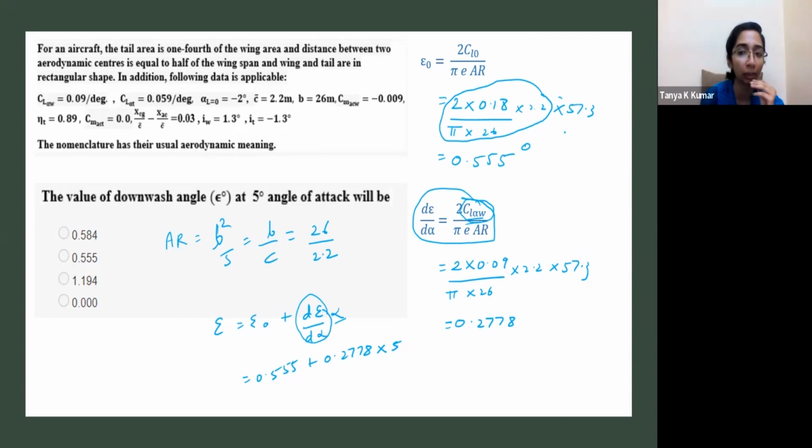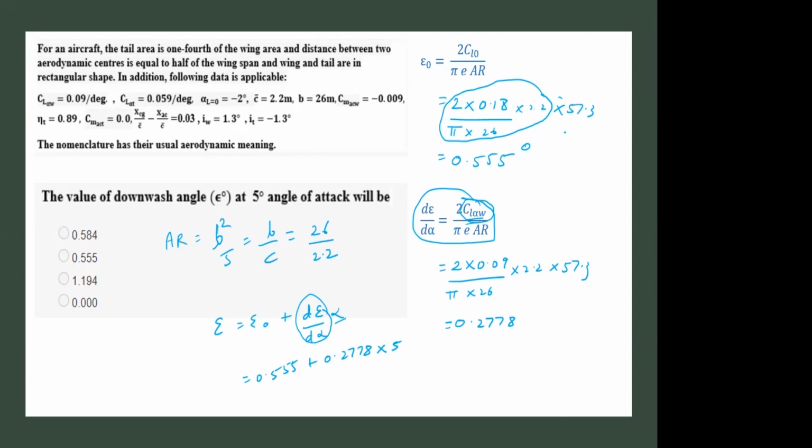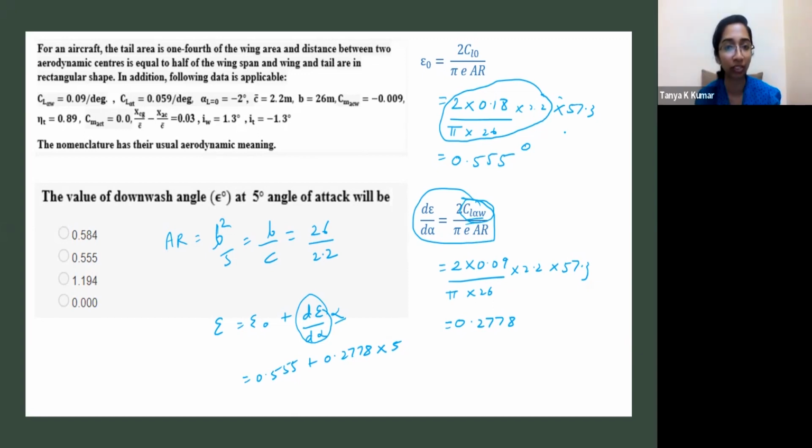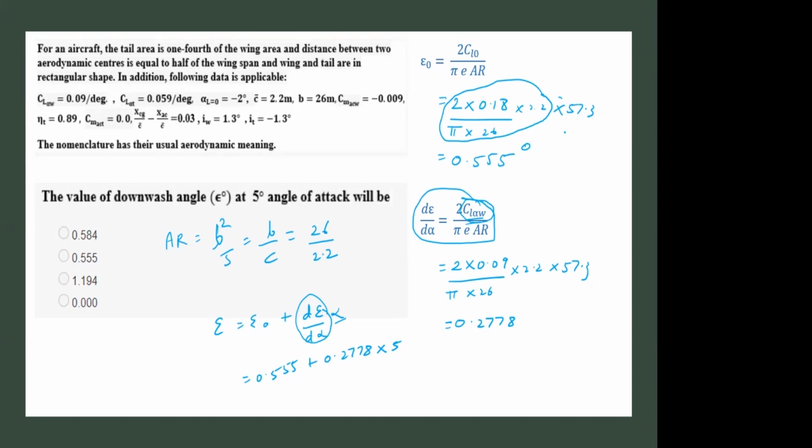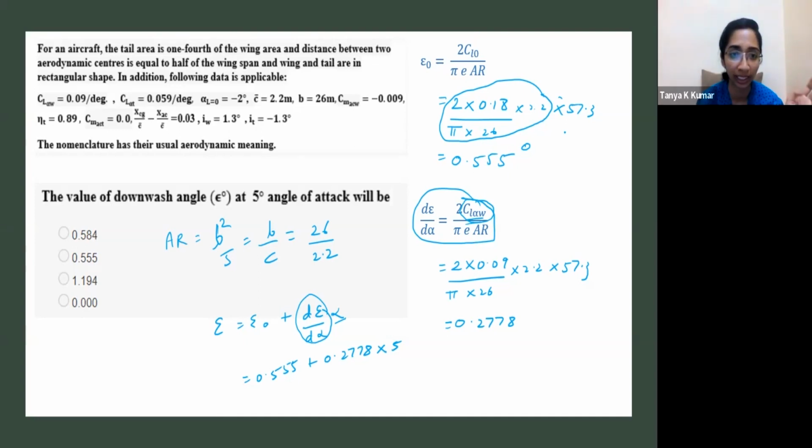Does anyone else have any input towards this? One minute, yes. Can I please move ahead? Okay, we are losing time.